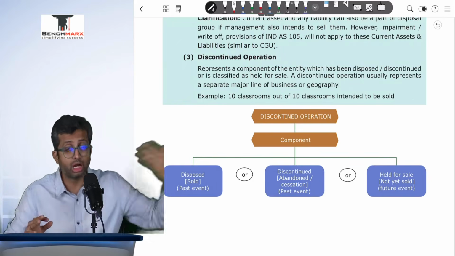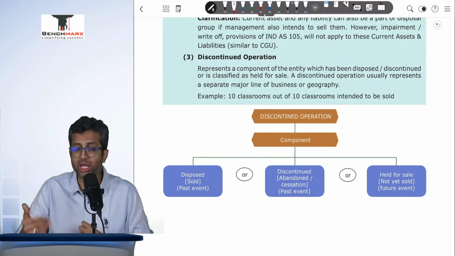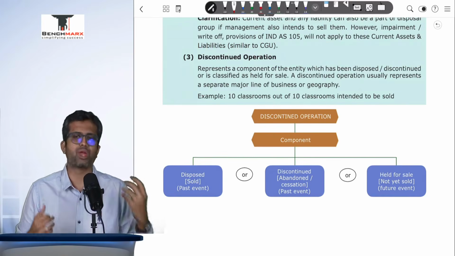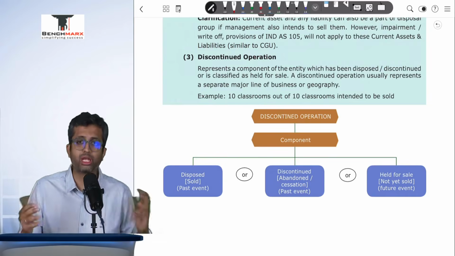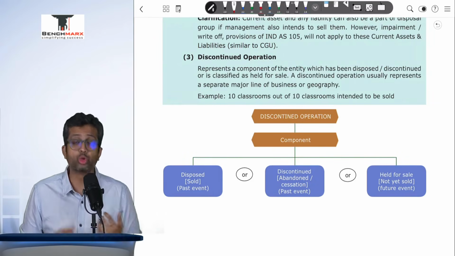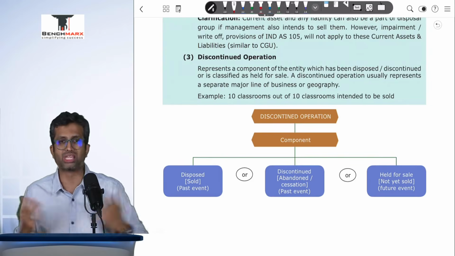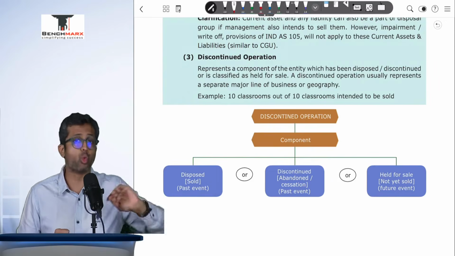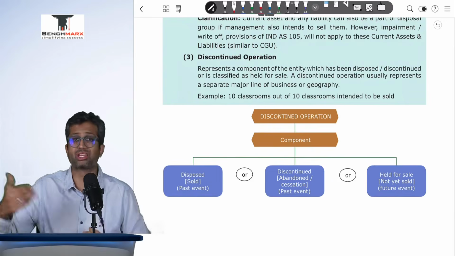Well, earlier, you never intended to sell them. But now, if they are intended to be sold, then it makes sense to compare it with their fair value and then put a write-off if required. Further, you keep on depreciating the asset considering that you are going to use the asset. However, if you want to sell the asset like an inventory, do you depreciate the inventory? The answer is no. And hence, ideally, if you want to sell the asset, we should not necessarily go ahead and do the depreciation.